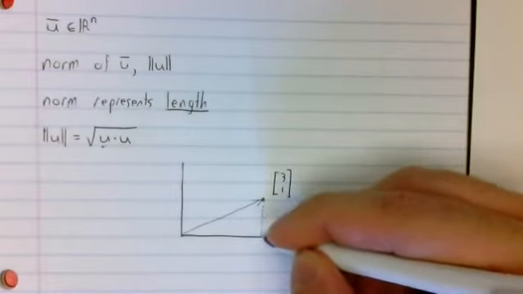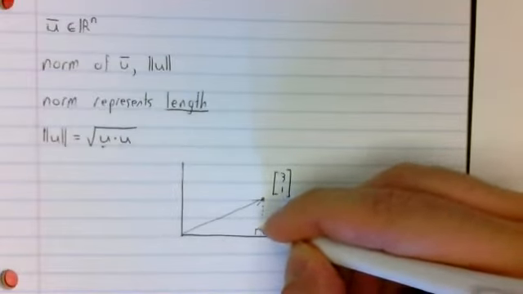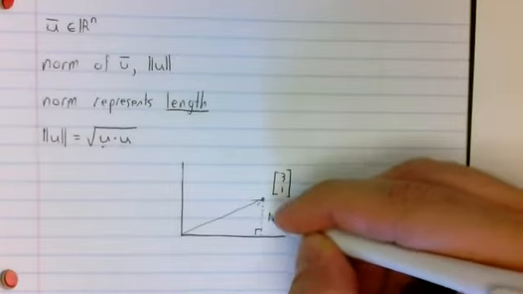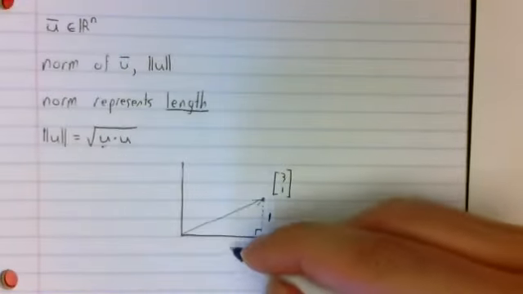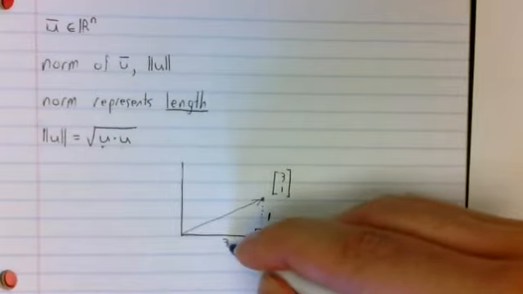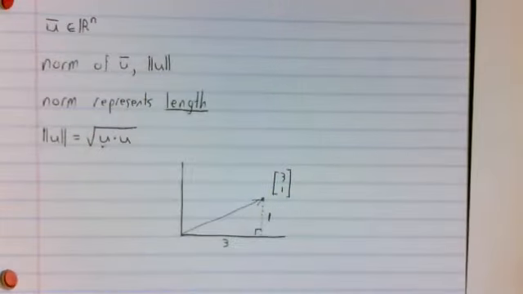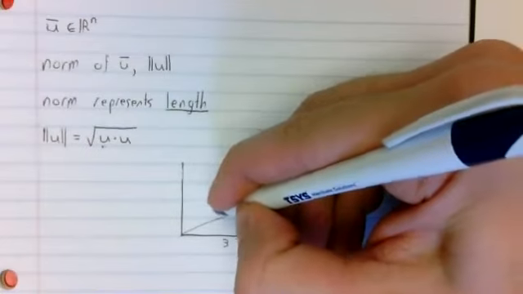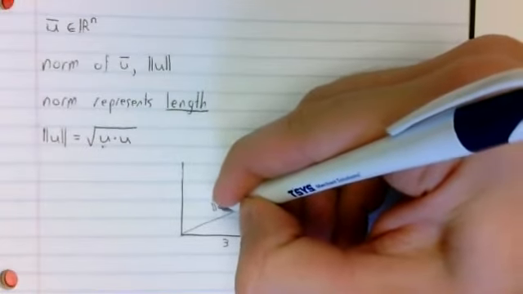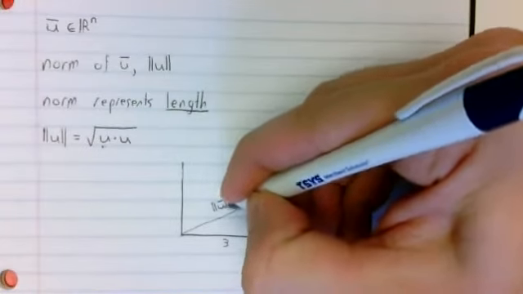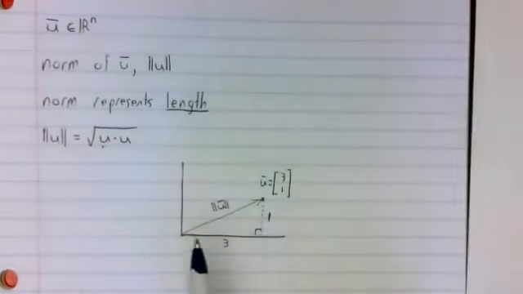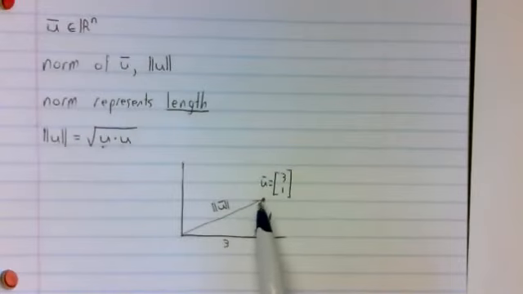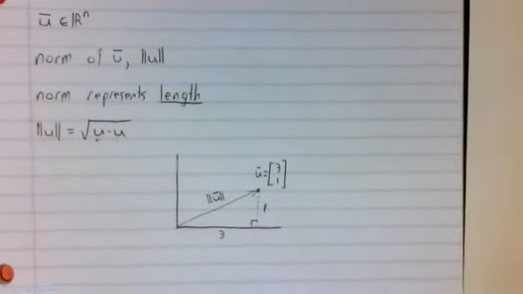If we create a right triangle like this, one of its sides is length 1, the other is length 3, and this hypotenuse is the length of the vector.